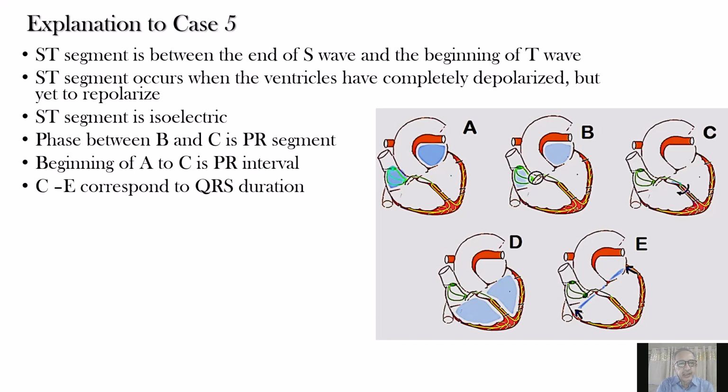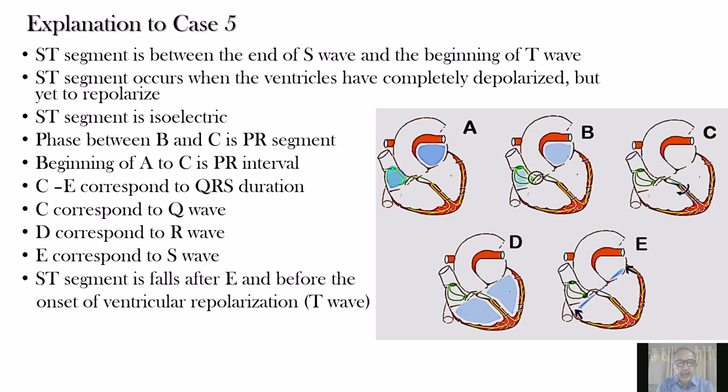Between C and E occurs the QRS duration, because it includes the Q wave, ventricular depolarization, and the last portion of ventricular depolarization. C corresponds to the Q wave, D corresponds to the R wave, E corresponds to the S wave. So the ST segment falls after E and before the onset of ventricular repolarization. The ventricular repolarization is not shown here.